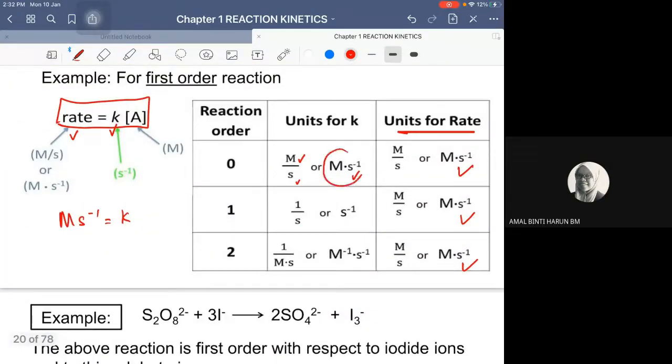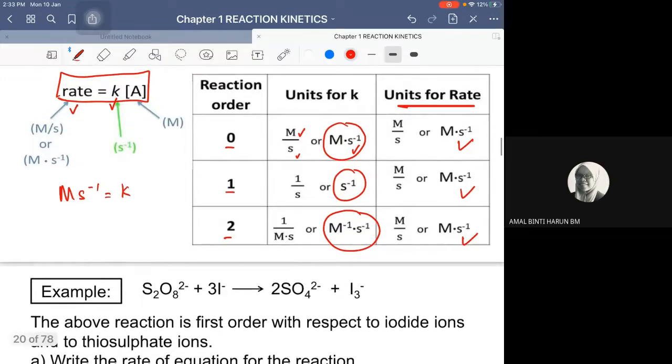Ni molar per second untuk zero order. Ini per second untuk first order. Ini per molar per second untuk second order. Okay. Kalaulah you buat reaction tu, tiba-tiba you dapat unit dia lain.